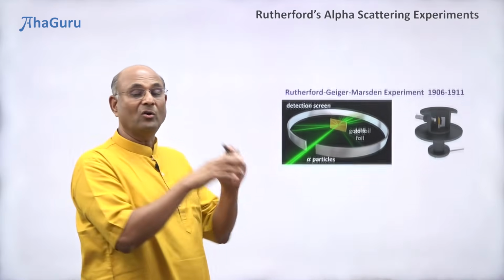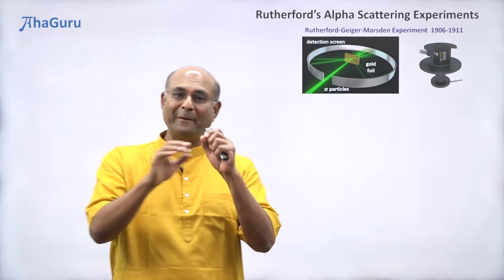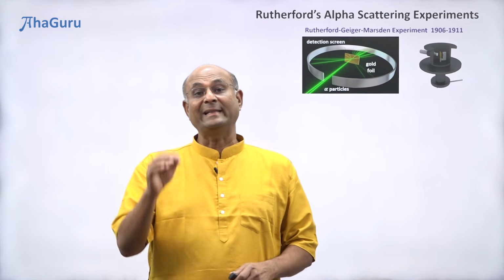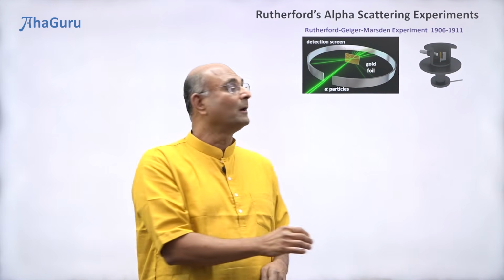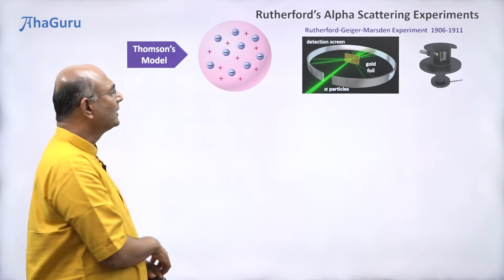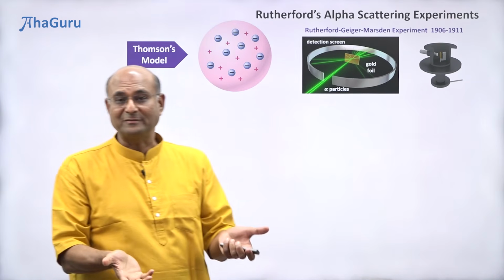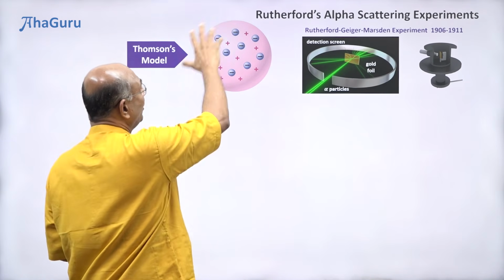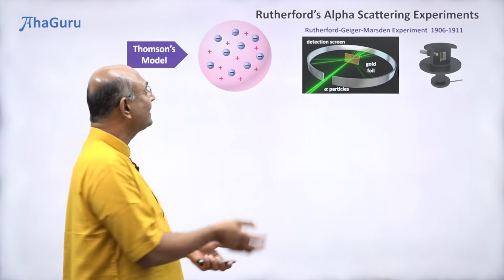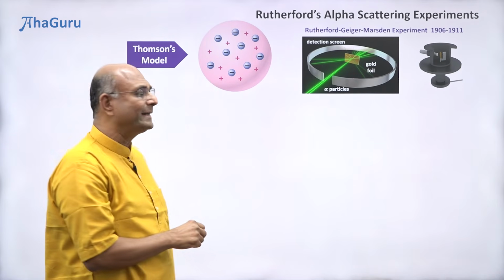Using this, they did a lot of experiments. Let us look at the expected results and the actual results that they found. Thomson's model said that there was a big sphere of distributed positive charge throughout the entire atom, with electrons embedded inside it.